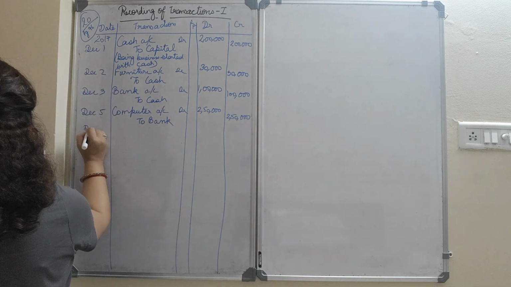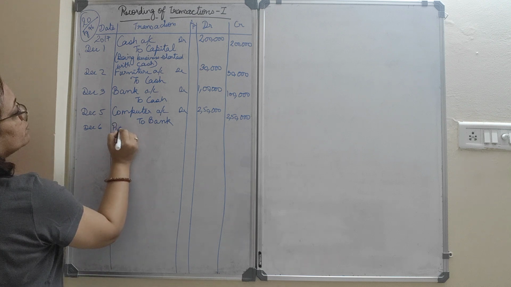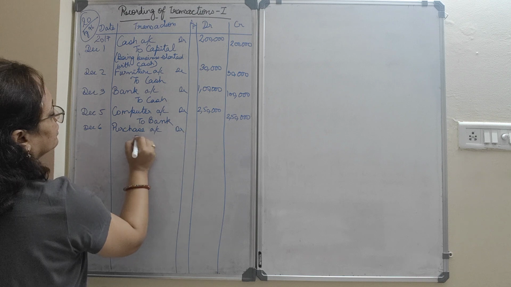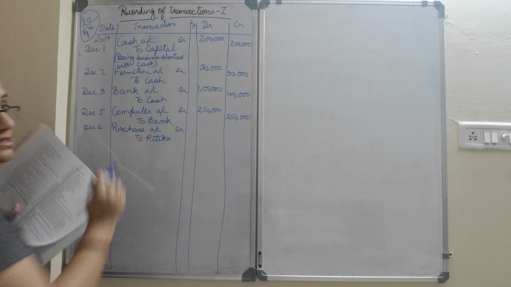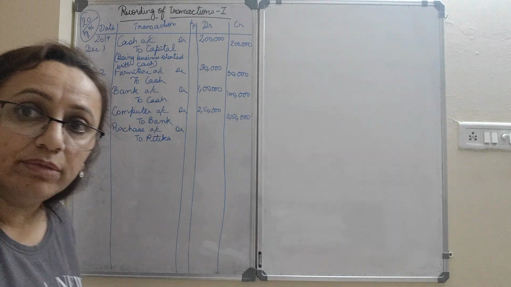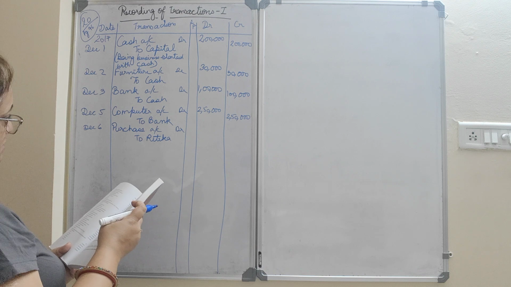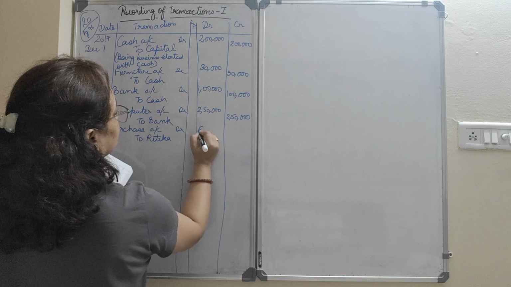Now next we have December 6. Bought goods on credit from Ritika. So purchases account debit to Ritika, because Ritika is the giver and goods are coming in, right? So goods purchased December 6, bought goods on credit from Ritika, 60,000.